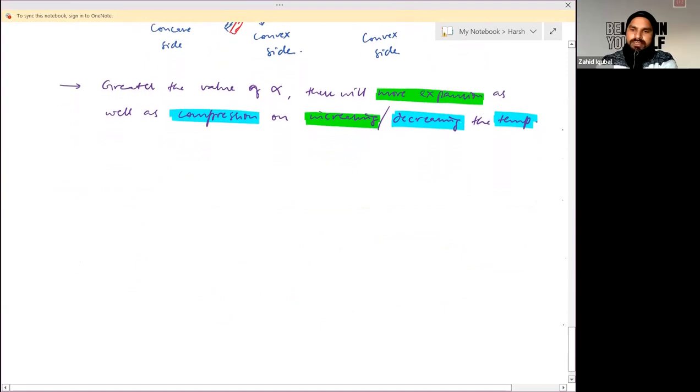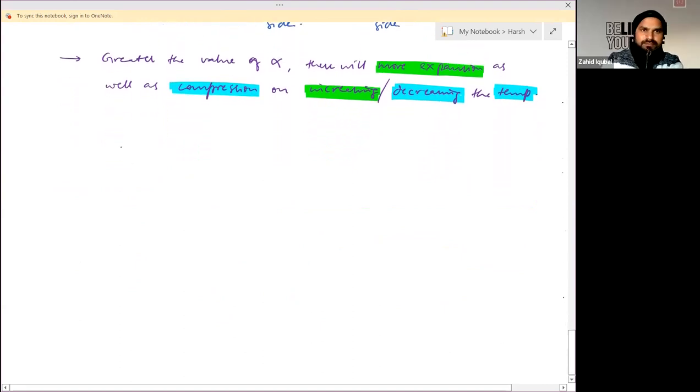Next concept related to this part will be the pendulum clock.